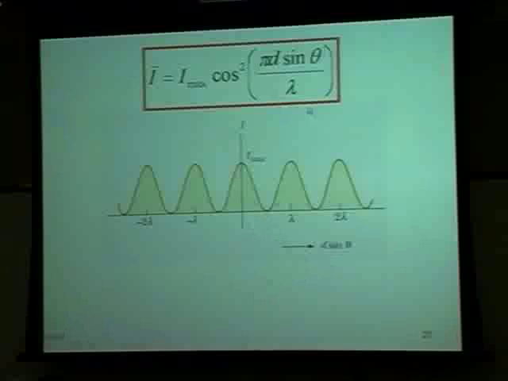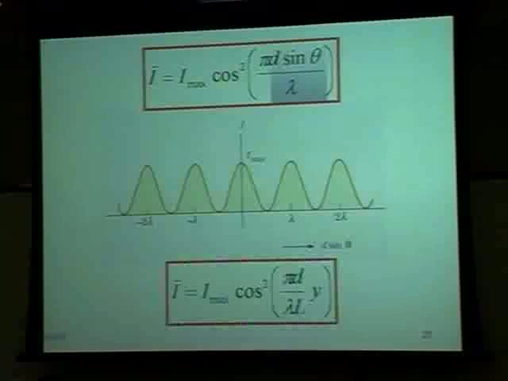So what we're focused on here is how d sine theta relates to lambda. As those become integer multiples, we get our maximum intensities, our fringes, if you will. And here's an equivalent expression down below. So this formula might be useful for some of the problems in this chapter as well.